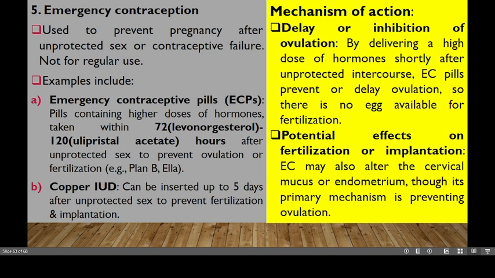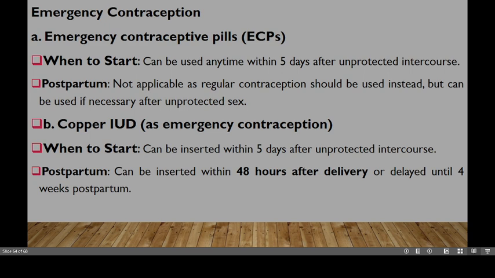There are also potential effects on fertilization or implantation, where emergency contraceptives may also alter the cervical mucus or endometrium, though the primary mechanism is preventing ovulation. So, as we have said, you can use the emergency contraceptive pills, or you can also use the copper IUCD as an emergency method.